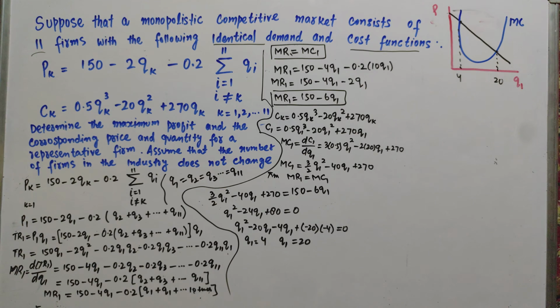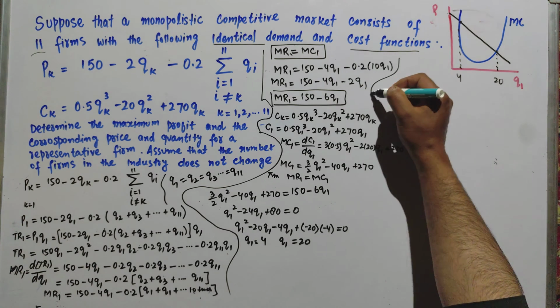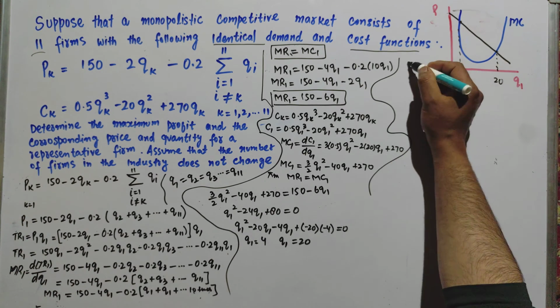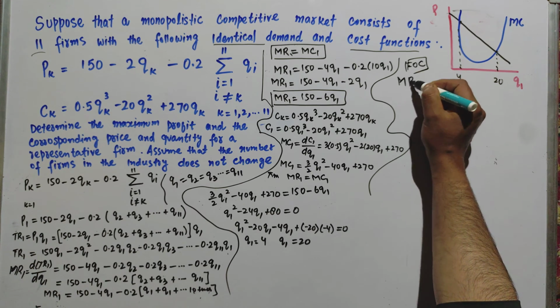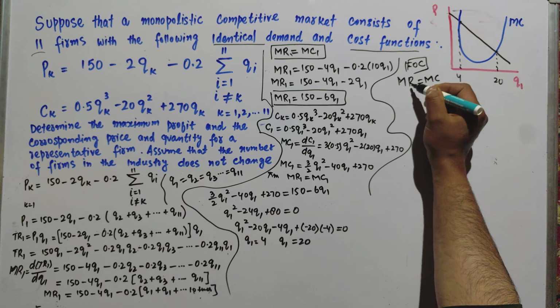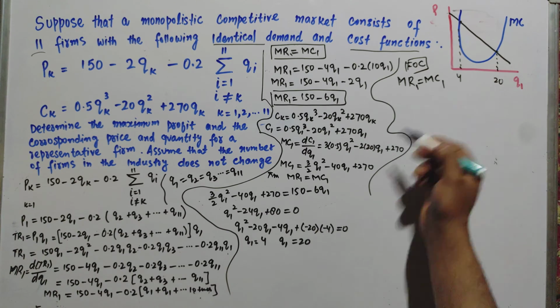for q1. Now the second order condition for profit maximization requires, so let me write it here. The first order condition tells us that we equate marginal revenue with the marginal cost of firm 1. So we got two values.